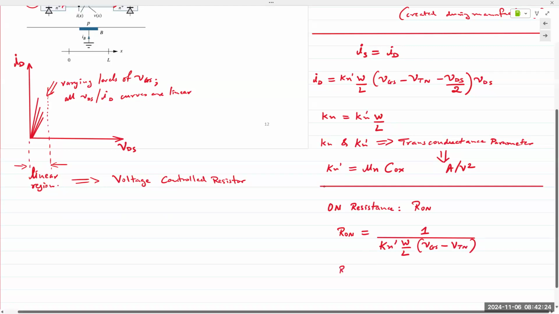Graphically, of course, we determine this from VDS over ID.